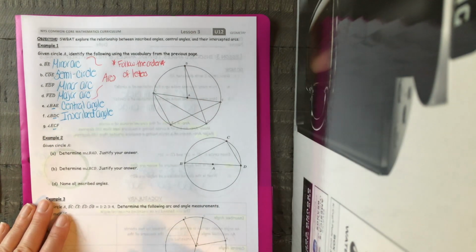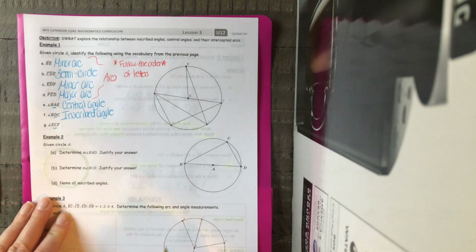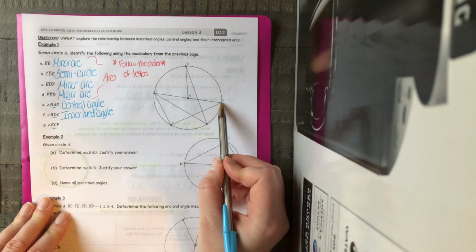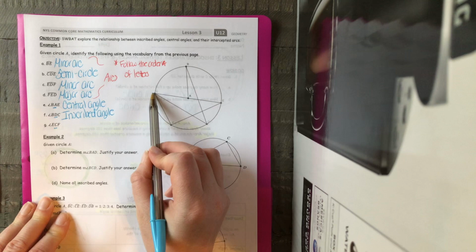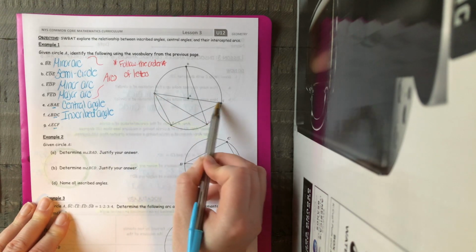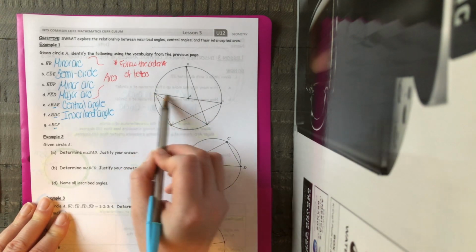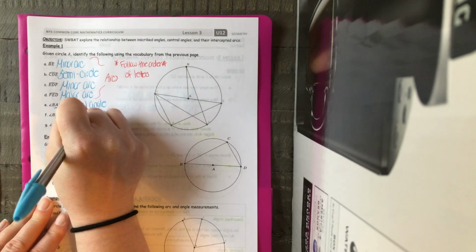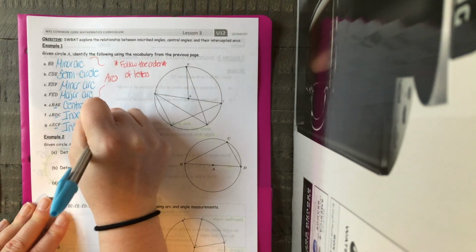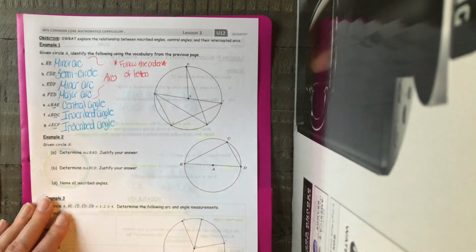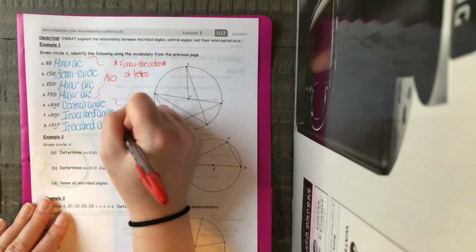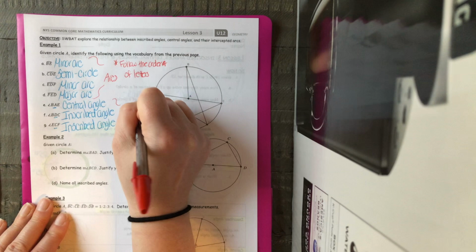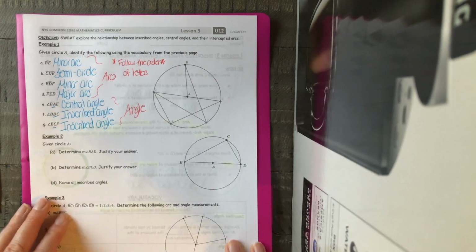And then last but not least, ECF. Again, following the order of the letters, ECF. This is an angle that's on the circle, which means it's inscribed as well. And just because they had those angle symbols, I know I had to use the angle vocabulary here.